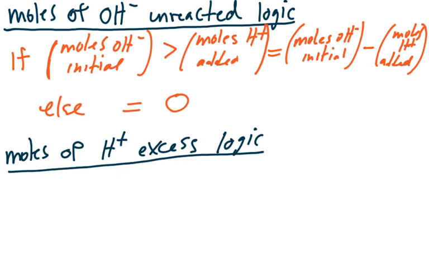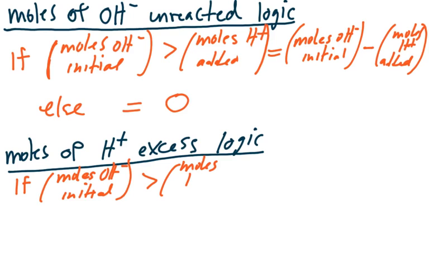We look at moles of H plus in excess. We can ask the same question. If the moles of OH minus initially is greater than moles of H plus added, then the amount of H plus excess would be 0, right?